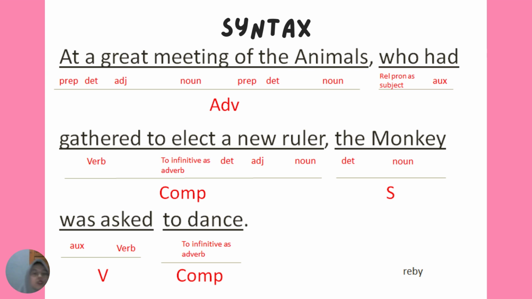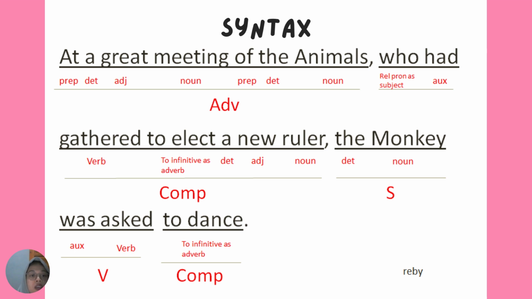Okay, now we will do the analysis of syntax. At a great meeting of the animals who had gathered to elect a new ruler, the monkey was asked to dance. At a great meeting of the animals, I think this is an adverb because from the first sentence there is "at".